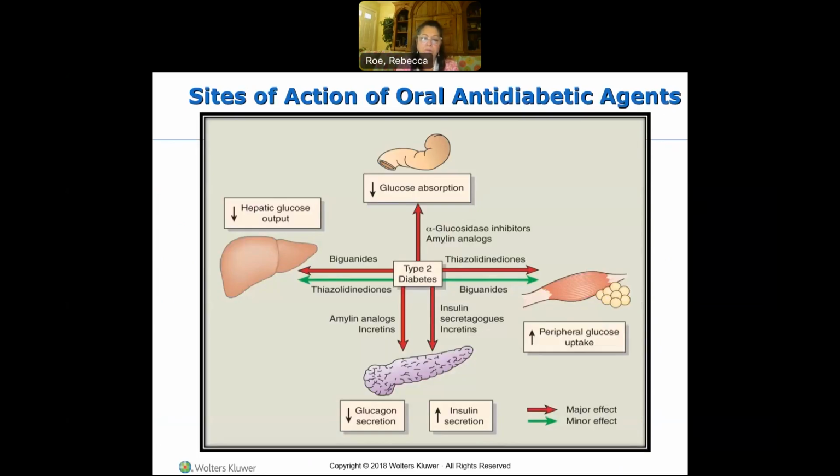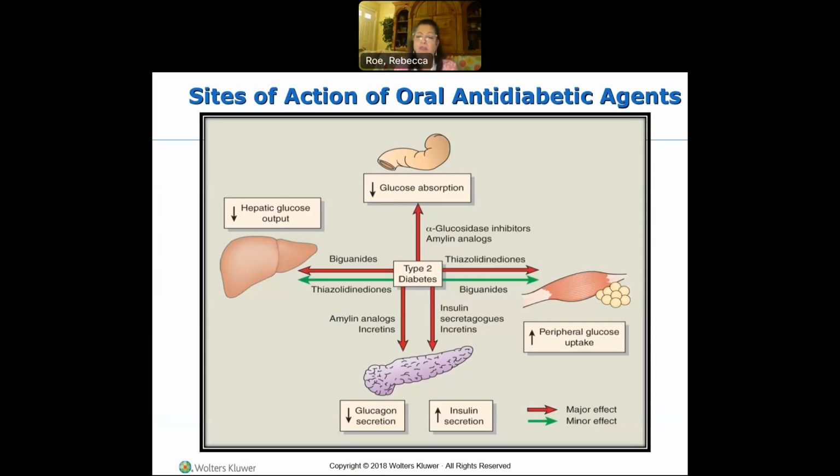And the way that those drugs work tells you the biguanides and the thiazolidinediones work with the liver, amylin analogs, incretins, and insulin secretagogues work with the pancreas, your alpha-glucosidase inhibitors and amylin analogs work with your intestines, as well as your thiazolidinediones.